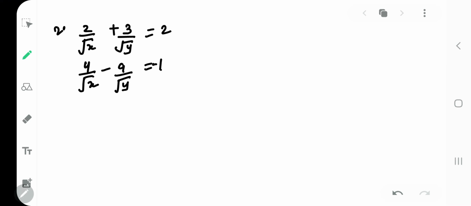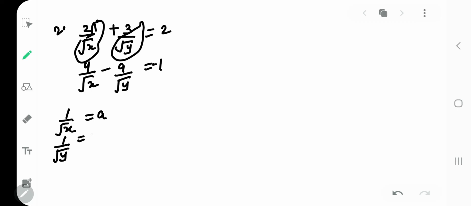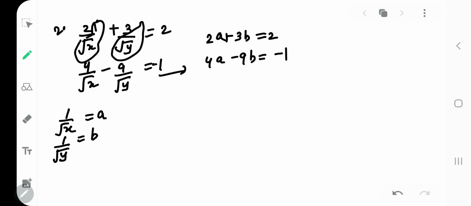Okay, now here if you notice, can I keep 1 upon root x as a and 1 upon root y as b? So I'll keep 1 upon root x as a and 1 upon root y as b. You will find that your equation comes as 2a plus 3b is equal to 2, and the other equation 4a minus 9b is equal to minus 1.